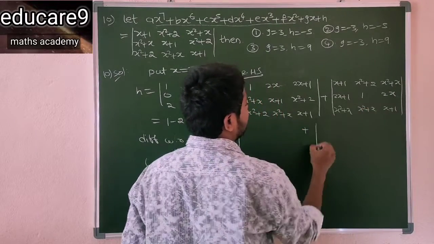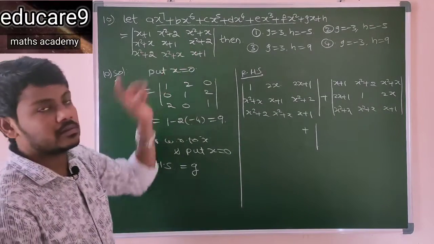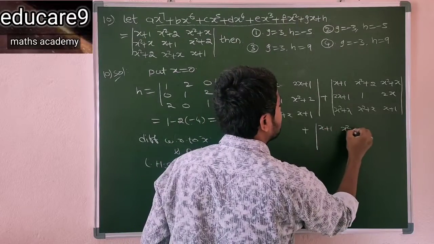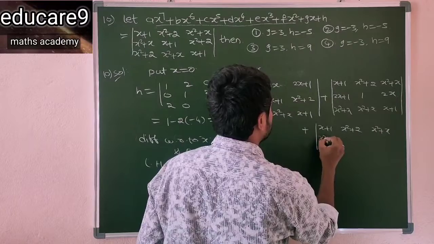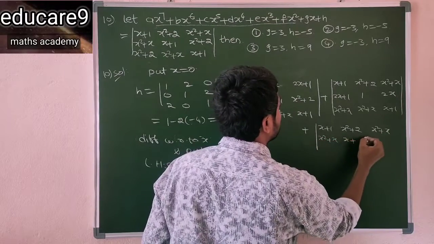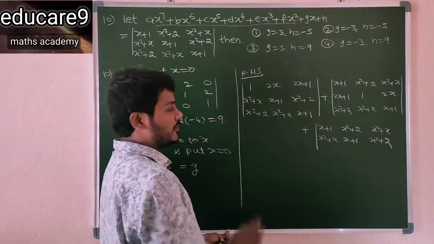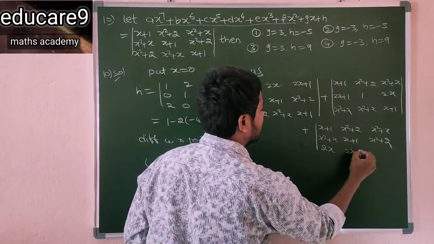So next plus the derivative of the third row. So the first two rows are as is. It is x plus 1, x square plus 2, x square plus x, square plus x plus 1, x square plus 2. Next here the derivative of the third row, that is 2x plus 1.